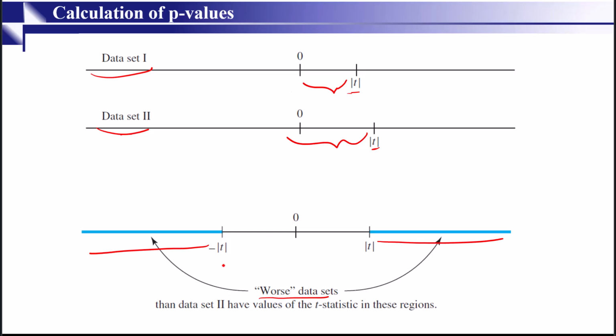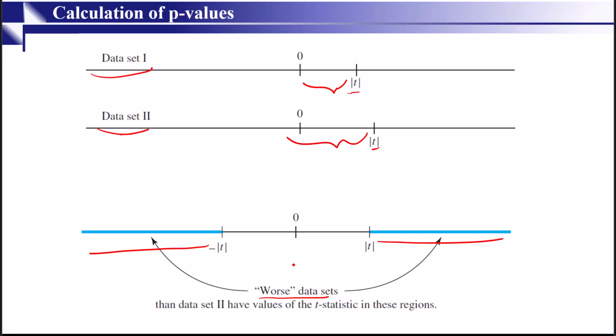This implies that datasets with t-statistic values falling in these outer regions are considered worse. It means they are more likely to lead to rejecting the null hypothesis. So in terms of p-values, a worse data set would have a smaller p-value, as the t-statistic falling further into the rejection region increases the likelihood of rejecting the null hypothesis.